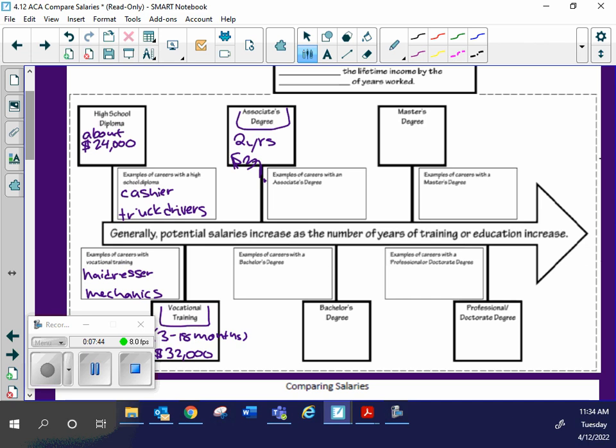Following there, you can either go to a vocational school or you can get your associate's degree. Okay, these are both shorter amounts of time, usually around 2 years.